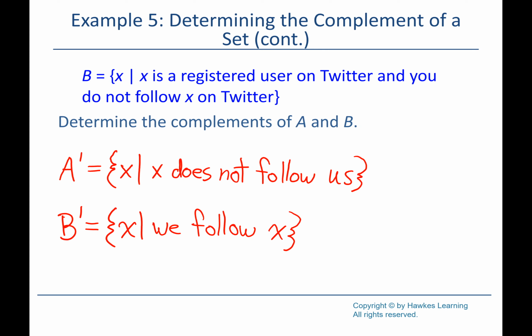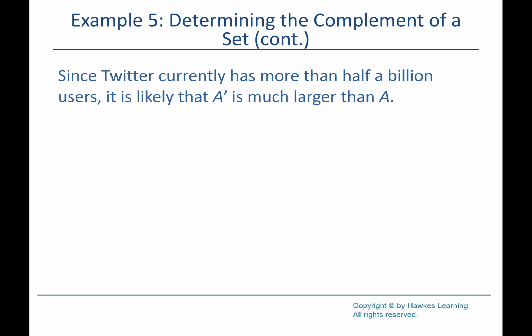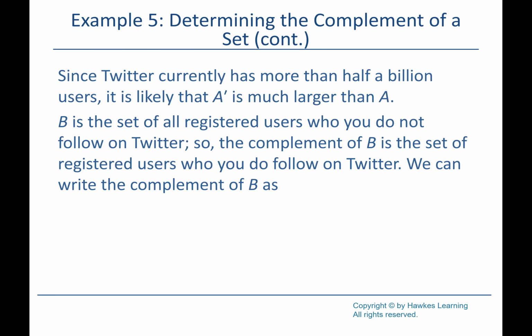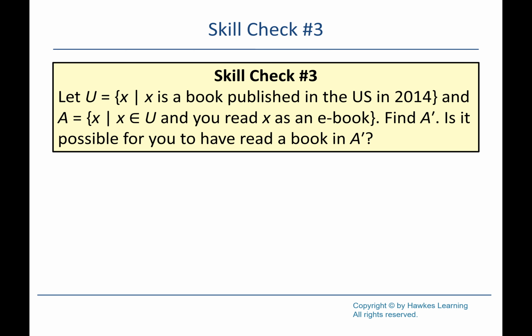One more example for us and then we'll be done. We don't care about all that. All right, let's look at this. So here, our universal set is the set of x's such that x is a book published in the United States in 2014.